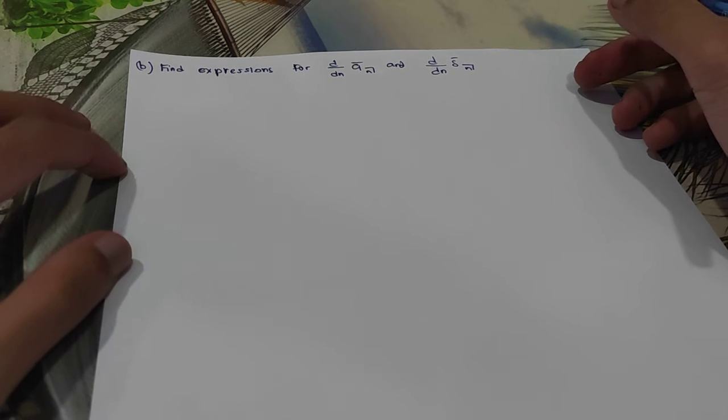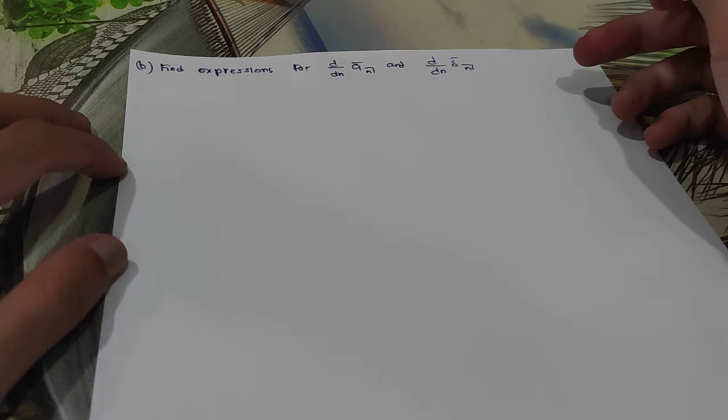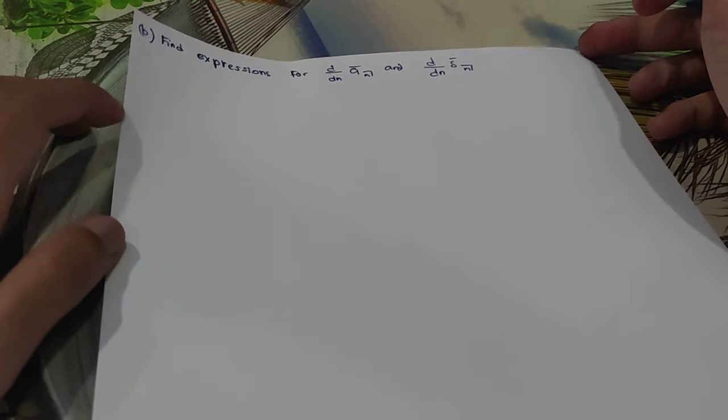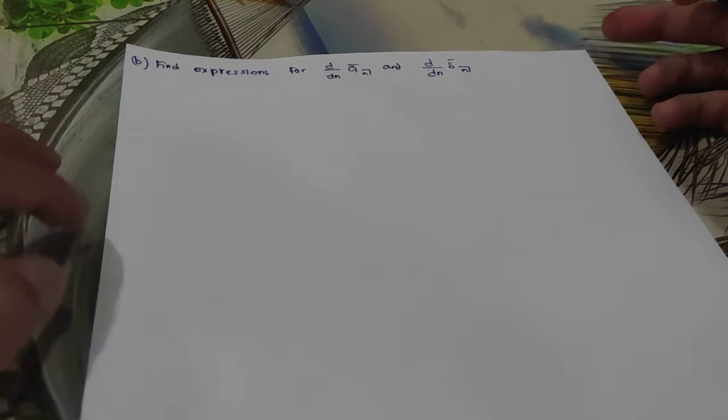Find the expression for the derivative of the present value of continuous annuity with respect to n, and the accumulated value of continuous annuity with respect to n.